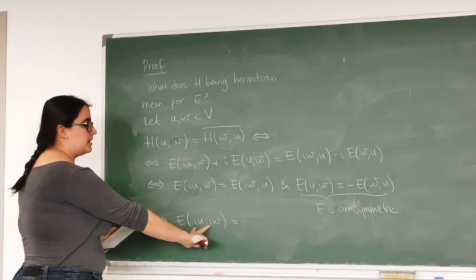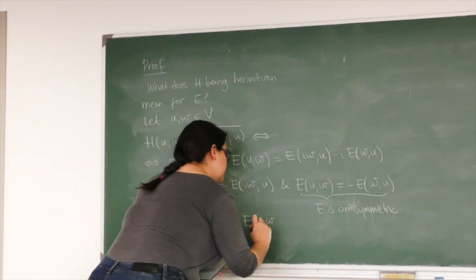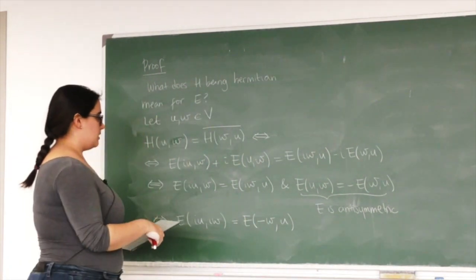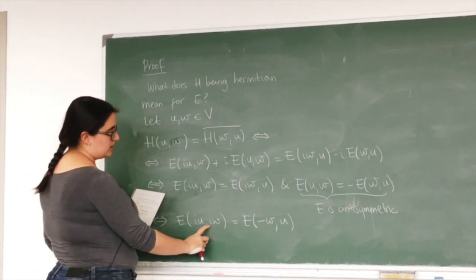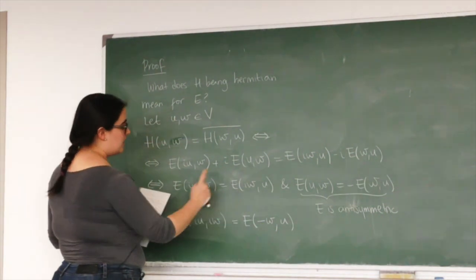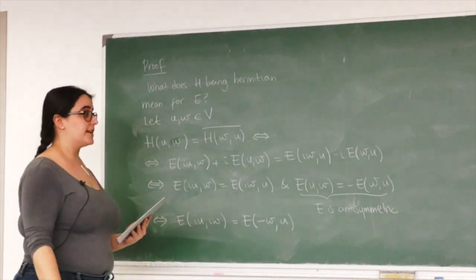So if we do this here with two I's, we get that this is equal to minus E of W, U. Because we have taken this I and left it here, so here we have I squared, which is a minus, and the I that we had in the first vector disappears. So we have this other expression.